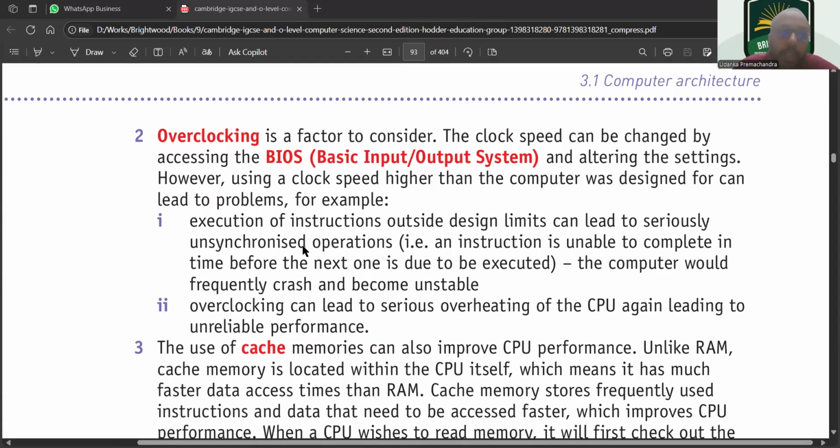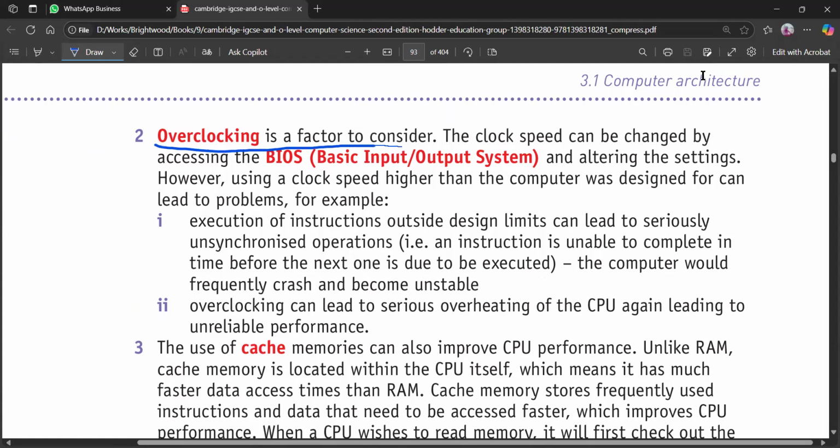The next thing is the BIOS. Another overlooked factor to consider is that the clock speed can be changed by accessing the BIOS, the basic input output system, and altering the settings. This is very important.